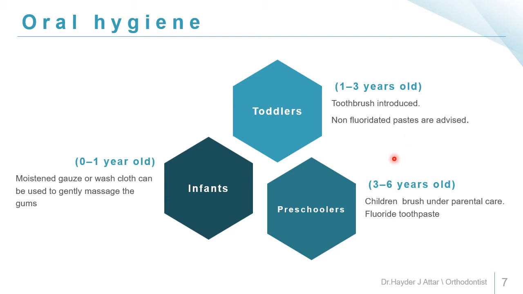For preschool children from 3 to 6 years old, the children begin to brush their teeth under the supervision of the parent, and they use fluoridated toothpaste.